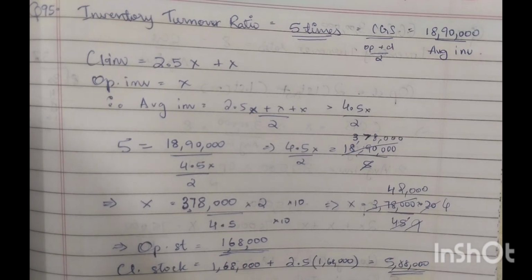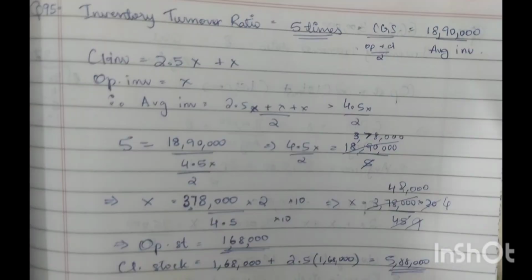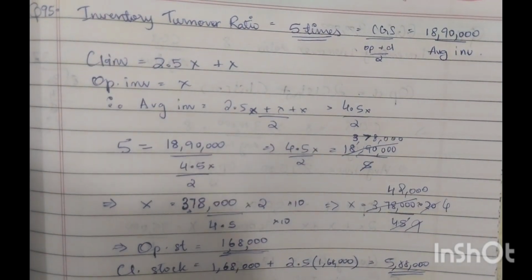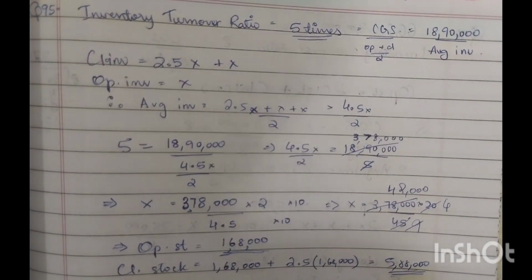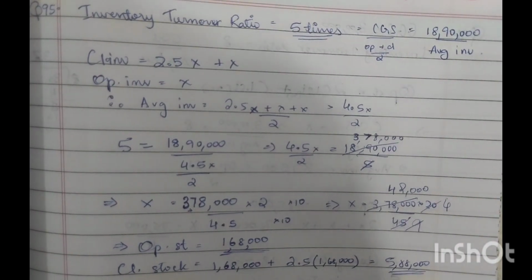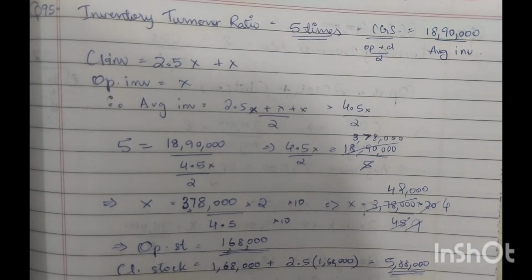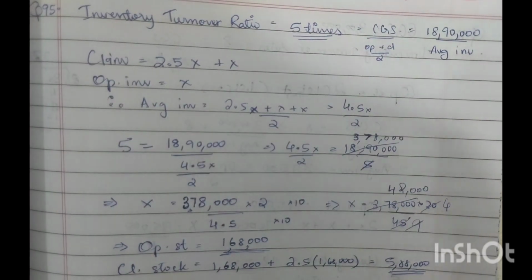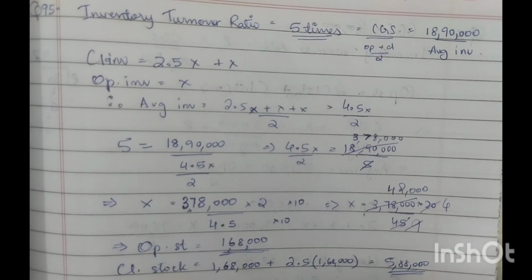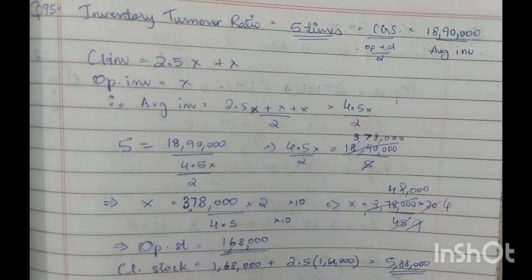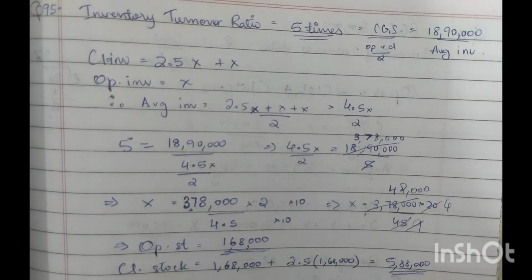So when they say that though, it actually means that if it says closing inventory was 2 times more than the opening inventory, here it's 2 times more than, not 2 more than. So closing inventory is equal to 2 times the opening inventory plus the opening inventory.